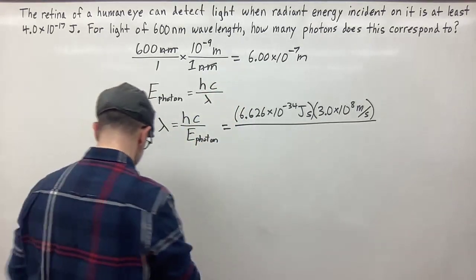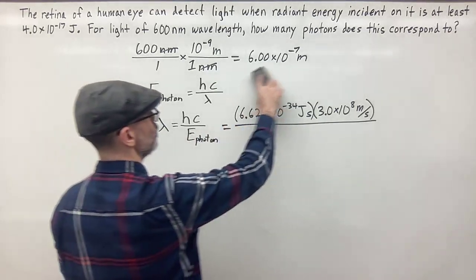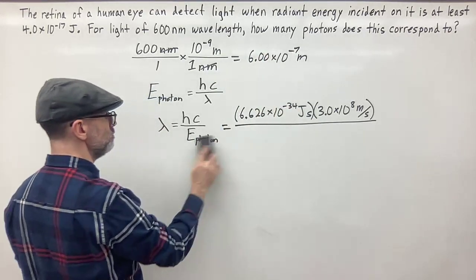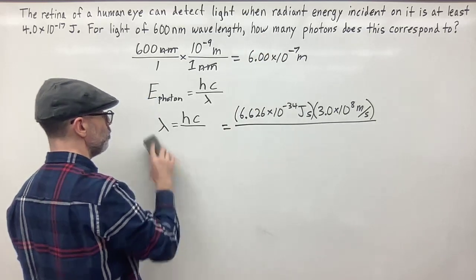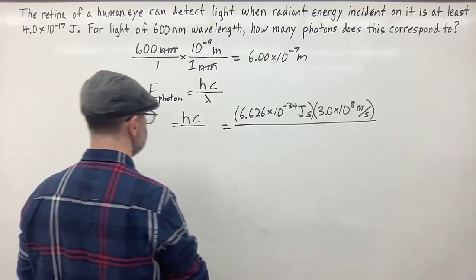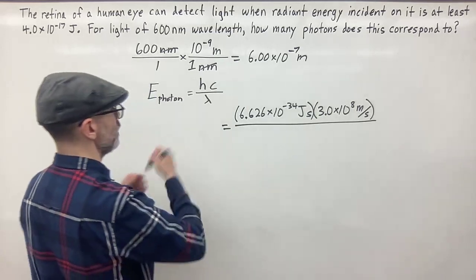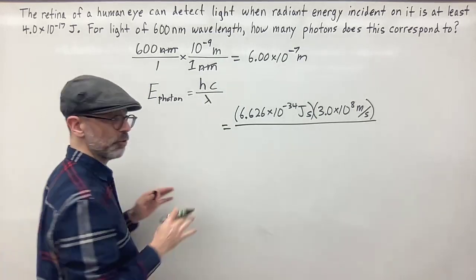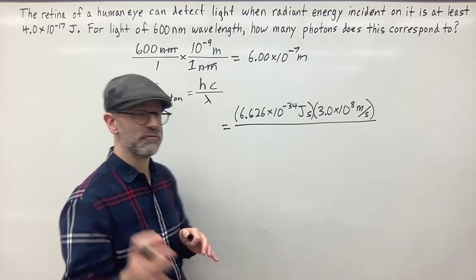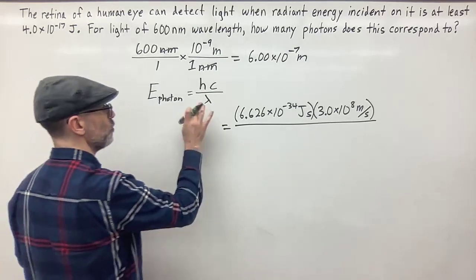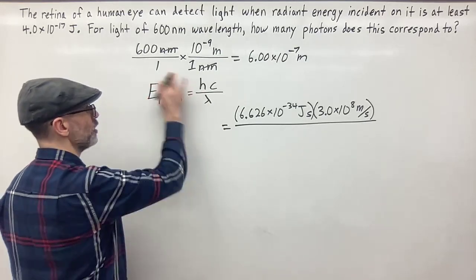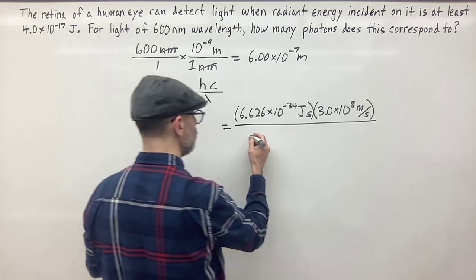Oh, my bad. I forgot what we were looking for. We're given the wavelength, so we're not solving for wavelength. Sorry if that confused you. We're going to solve for the energy of the photon.